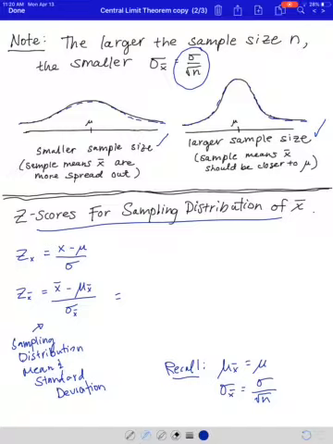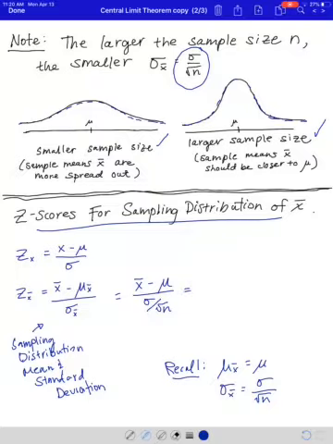We saw that in the previous page. So now if we just plug these into our z-score formula, what we're going to get is x bar minus mu, because that's just the same as mu sub x bar, and then divided by sigma over the square root of n. And now what we have here is a fraction within a fraction.